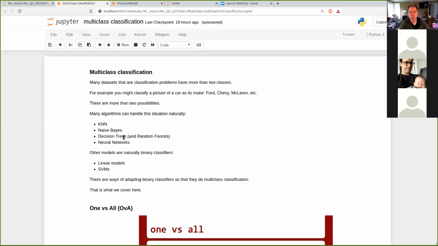Decision trees and random forests, which are ensembles of trees, are also naturally multi-class classifiers, and so is naive Bayes. I don't think we'll get a chance to talk about naive Bayes. And neural networks also.